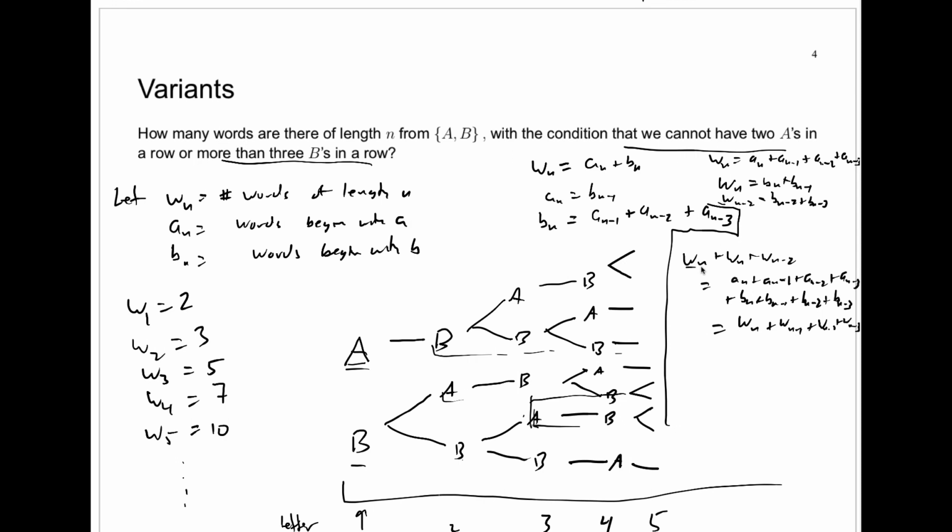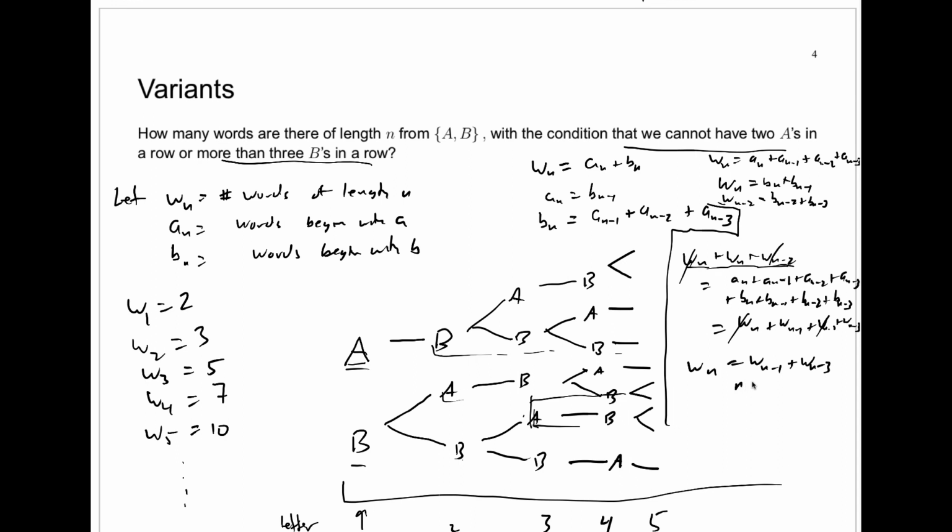In other words, if you look at this first formula here, w n plus w n minus 2, that can be written just in terms of the w's. Then I just cancel a w n here. I cancel the w n minus 2 there, and we're left with w n on the left and w n minus 1 plus w n minus 3 on the right.